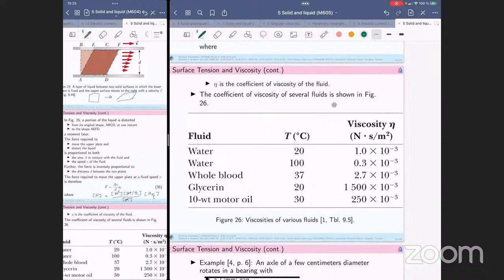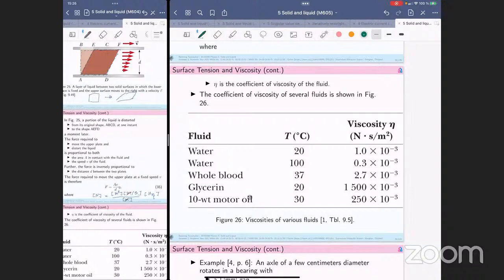We have several materials. For example, water at room temperature, water at the boiling temperature, 100 degrees Celsius, and whole blood, the blood inside our human body, and glycerine, right? And 10 WT motor oil. You know that inside the engine we need lubrication, otherwise we are going to have friction, and friction will bring you to wear, right?